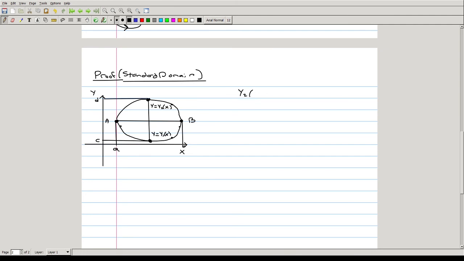So y2 of x is the top of this region. This is valid for x from A to B. And y1 of x is the bottom. And again, this is valid for x from A to B.